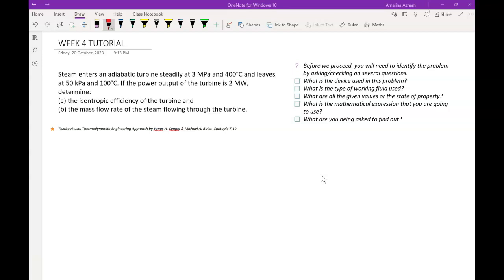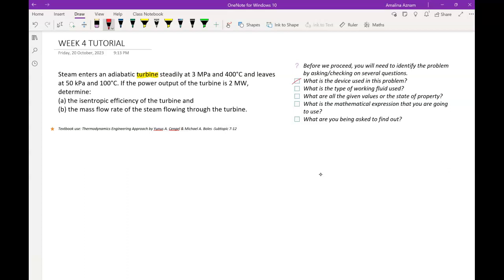So you need to identify what is the device used in this problem. You will quickly notice that you are going to use a turbine, so you can put a check mark on here that you already have identified it.